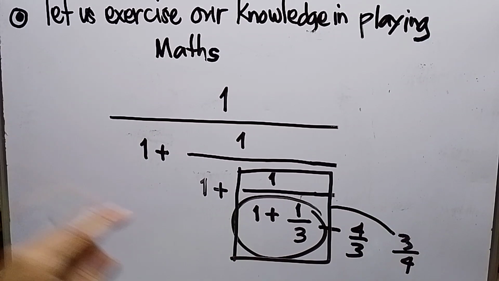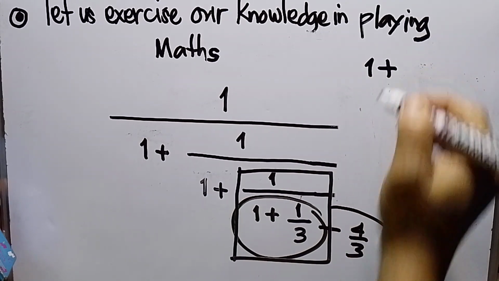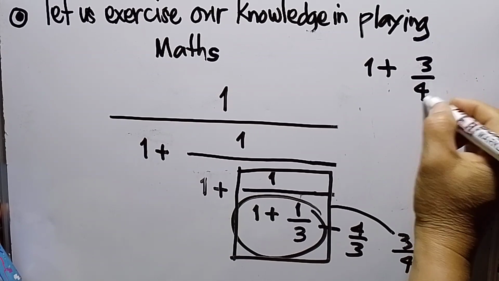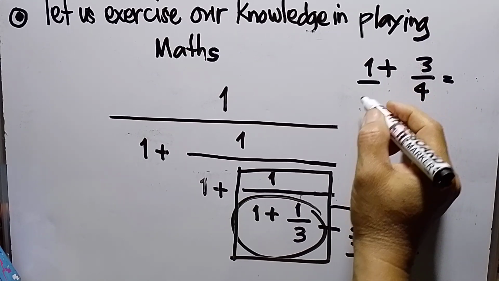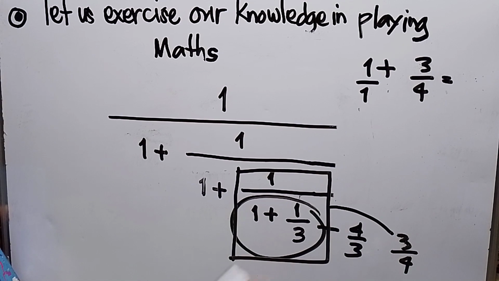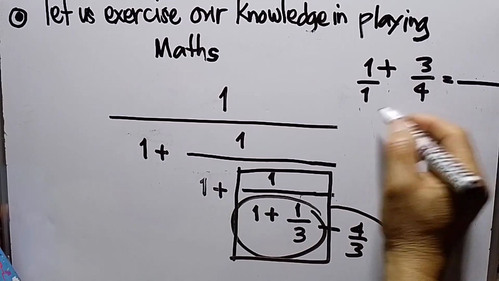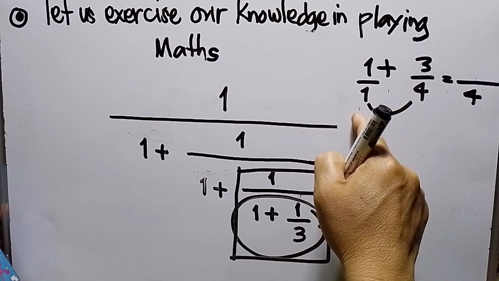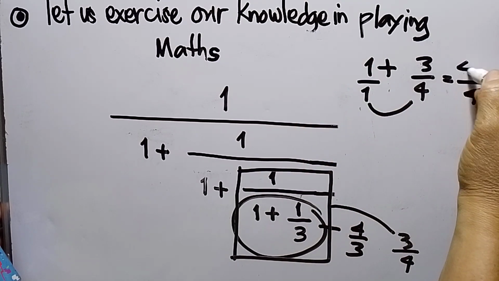Then I need to solve this one. 1 plus my answer, which is 3 over 4. So again, I will put 1 for my denominator, and then my LCD will be 1 times 4 is 4. Then 4 divided by 1 is 4 times 1 is 4.